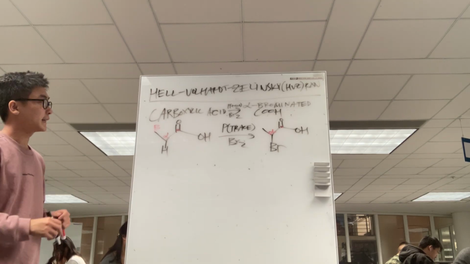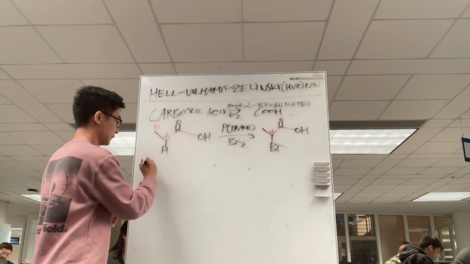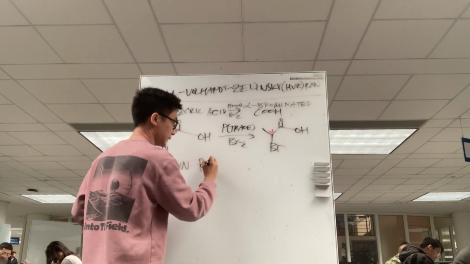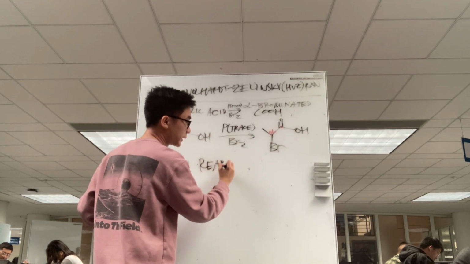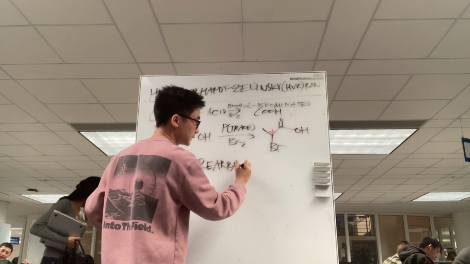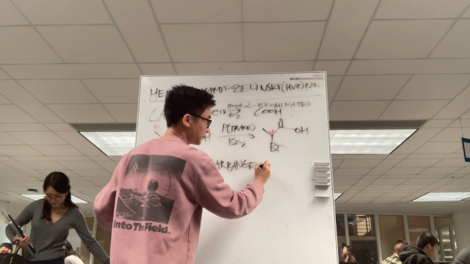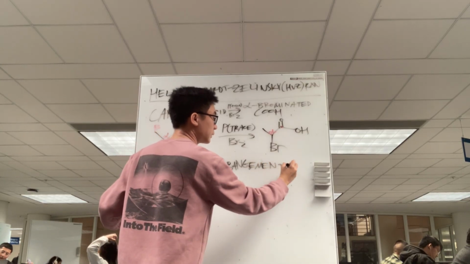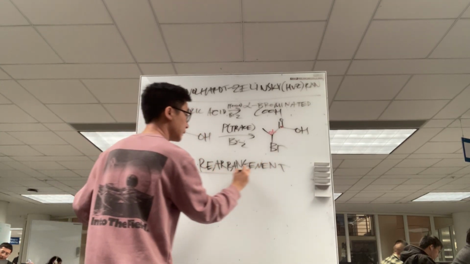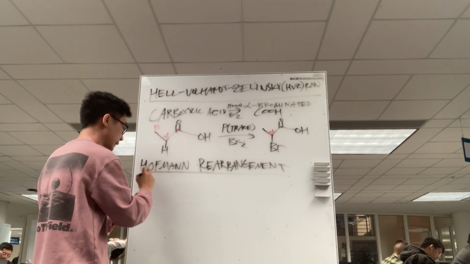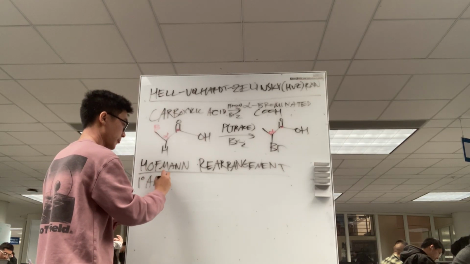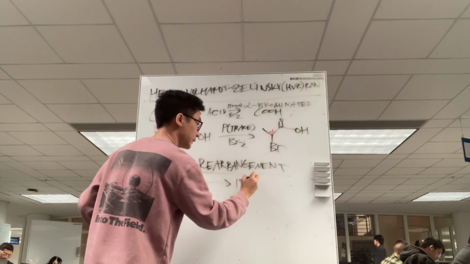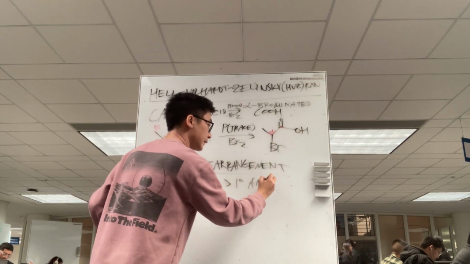Now, the next thing is going to be Hofmann rearrangement. I don't know the mechanism for this as well, but I know that there's a weird migration step for this mechanism, so be careful of that migration step. Right. And this is going to start with the primary amide and get a primary amine.